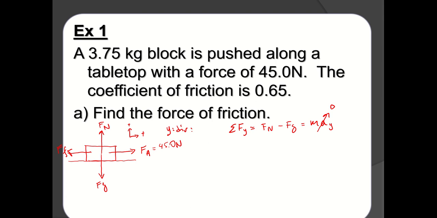So this goes to 0, and therefore we get Fn minus Fg equals 0, and then we can say Fn equals Fg, which then equals mg. And then you can plug in your actual numbers for the mass, which is 3.75 times 9.8, right? And you can get your value for the normal force, okay?